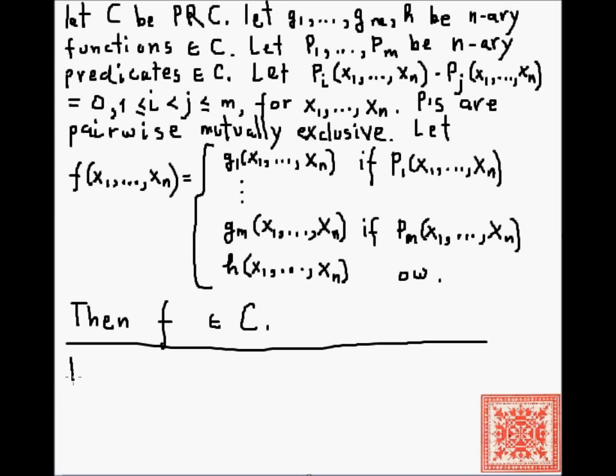Okay, let's sketch a proof. The proof will go by induction on m. So m is the number of n-ary functions and predicates, from 1 up to some finite number. So let m be equal to 1.